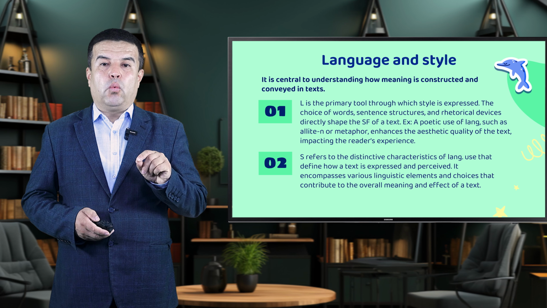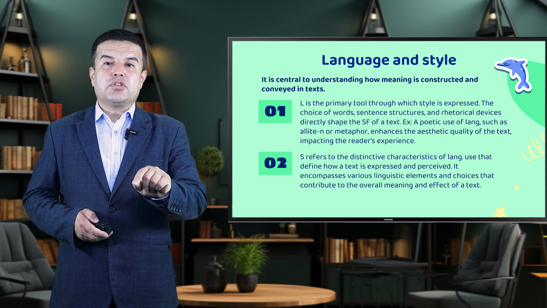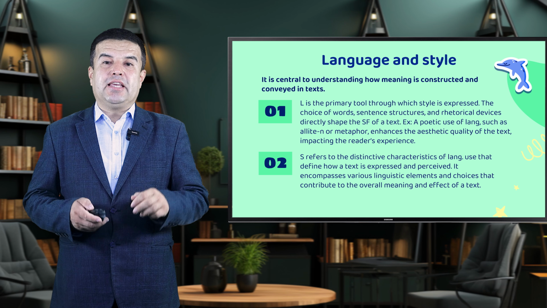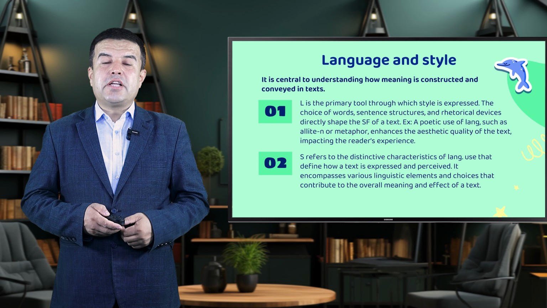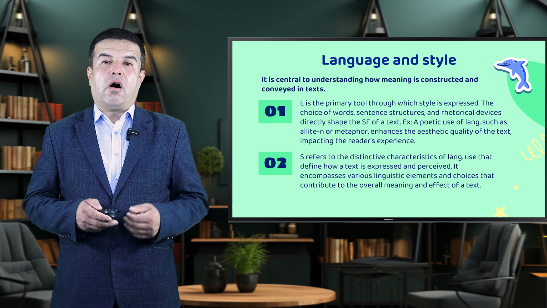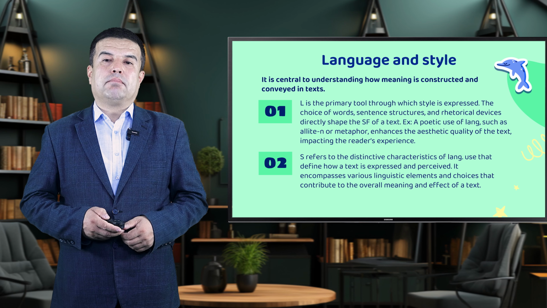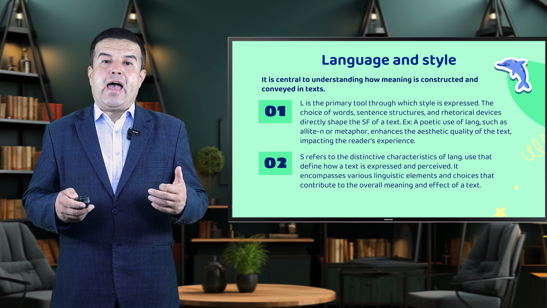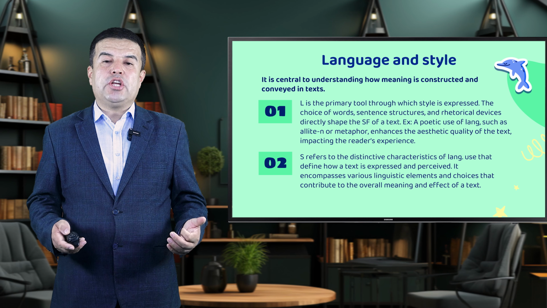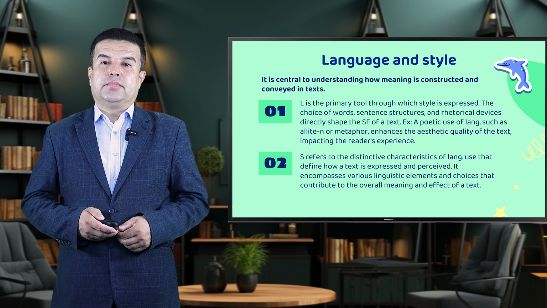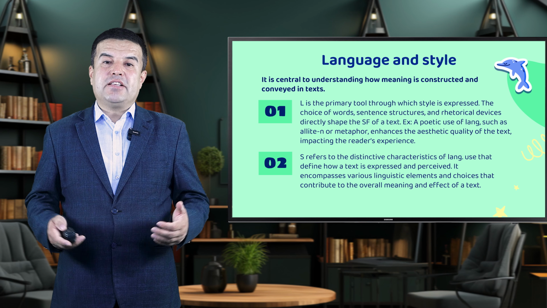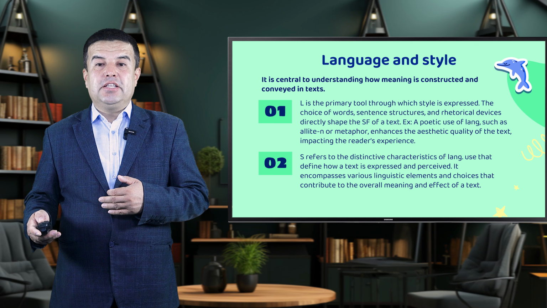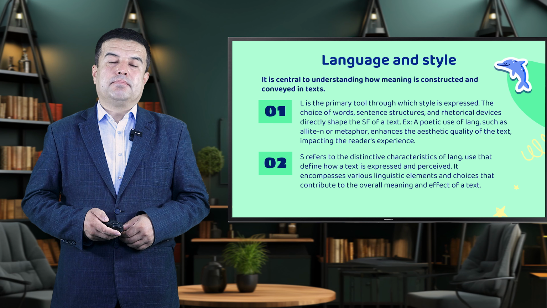The choice of words, sentence structures, and rhetorical devices directly shapes the stylistic features of a text. For example, poetic use of language such as alliteration or metaphor enhances the aesthetic quality of the text, impacting the reader's experience.